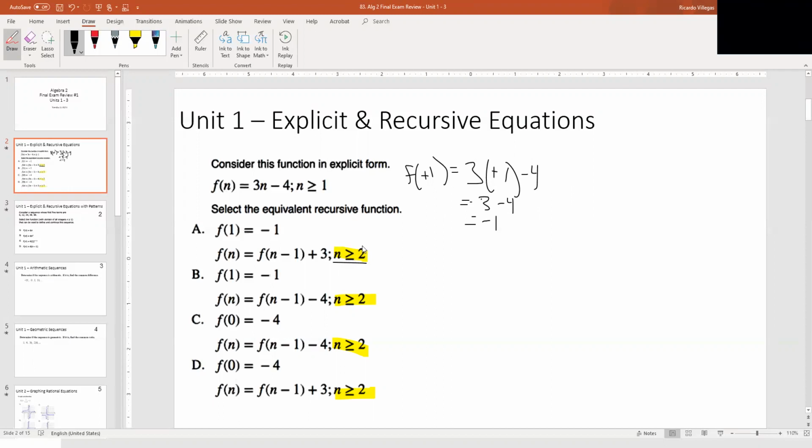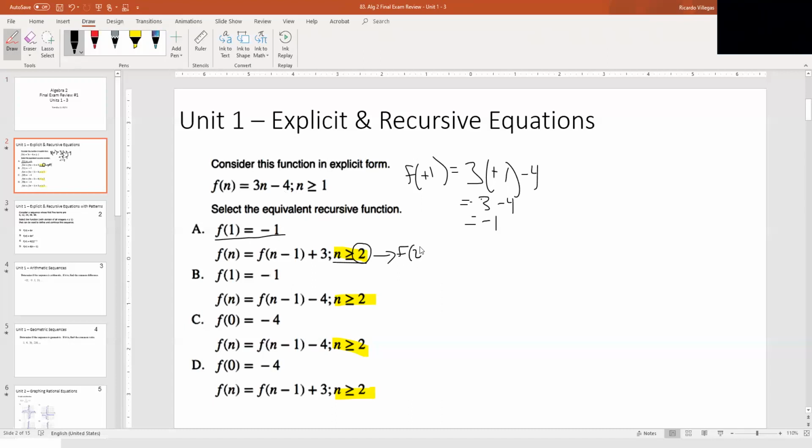The reason you want to select 2 as the number to plug in to verify is because we have f of 1 equal to -1. So I'm going to go one by one to see which of these will be the equivalent recursive function of this explicit function. I'm going to substitute 2 for our n.